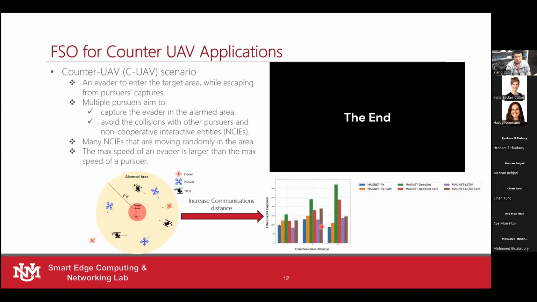We can see that as the communication distance increases, the capture rate really increases. This drives us to think about whether we can use FSO as the communication technology to notify the pursuers about the existence or the location of the evaders, because as I mentioned before, FSO can achieve the longest communication distance compared to RF.